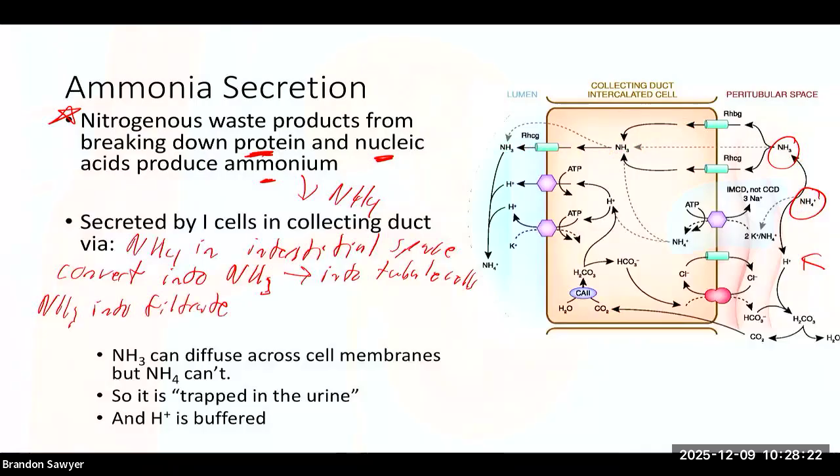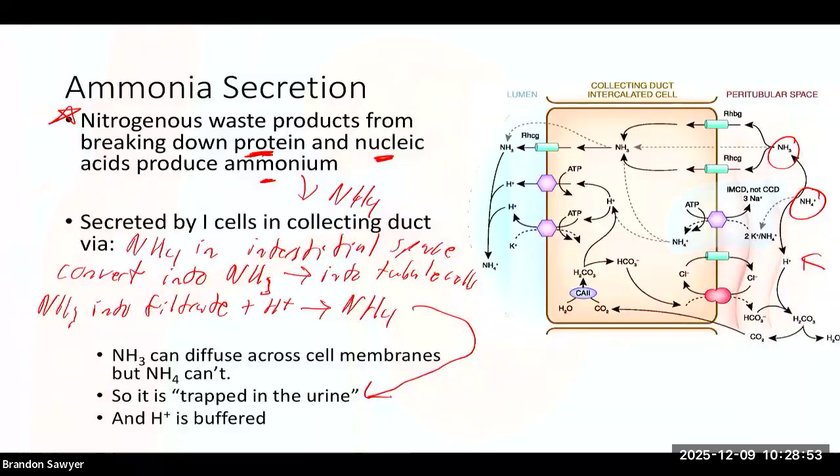Then our last step to keep it in the urine is to add a hydrogen ion to it, so we can use it as a buffer. So we get NH3 plus H+, which turns into NH4, and now it's trapped in the urine. We're trapping the nitrogen in the urine by adding a hydrogen ion to it, and we're using this as a buffer to absorb some of those hydrogen ions that we added to the urine before.